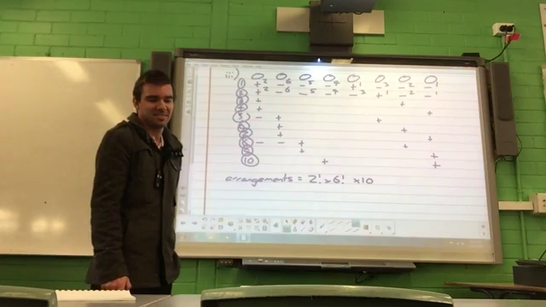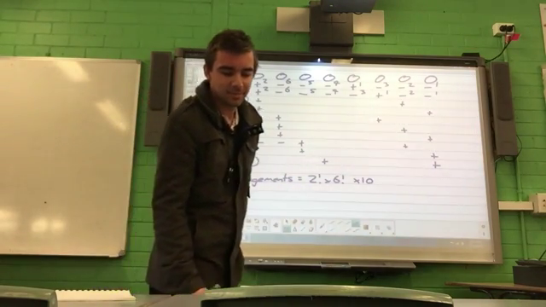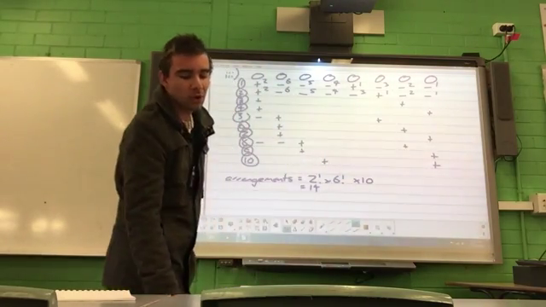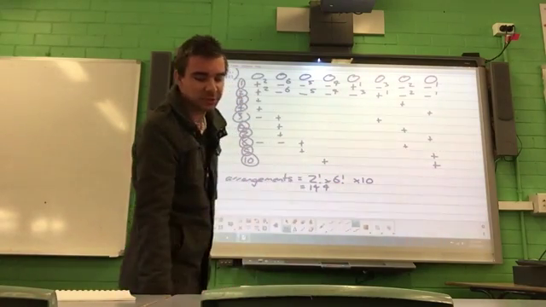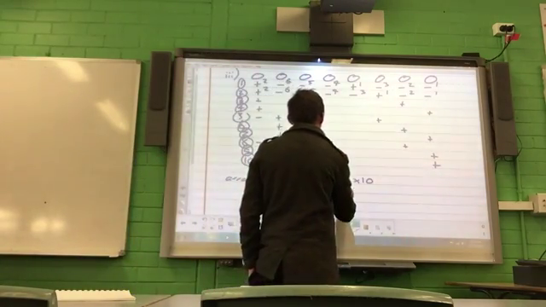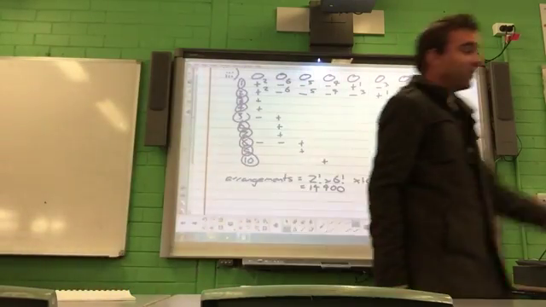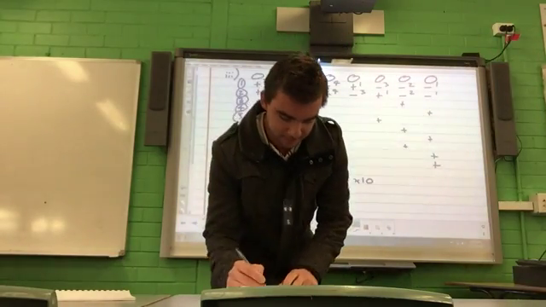I've got 2 squared in my notes, not 2 factorial. Okay, so there's 14,400 ways that can be arranged.